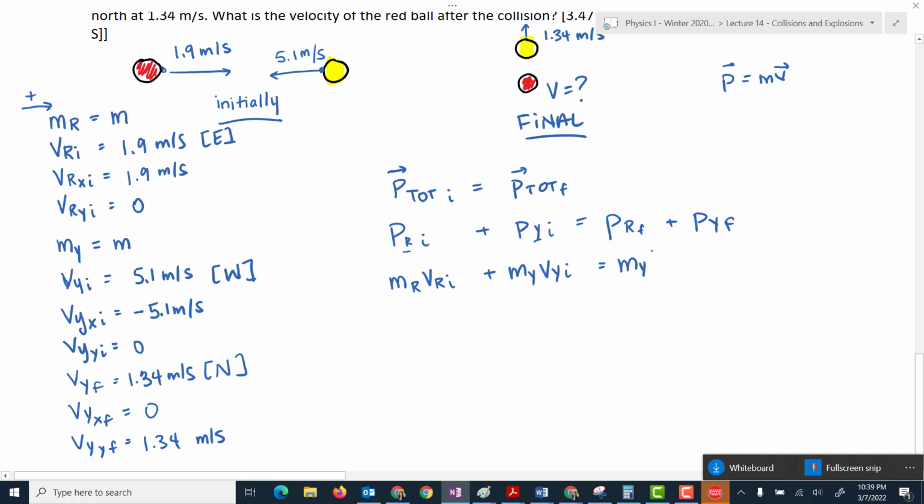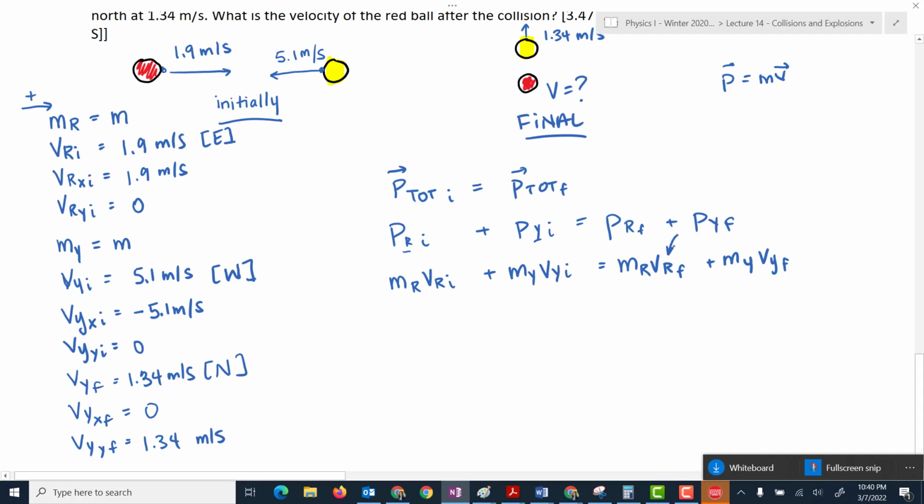Mass of the red ball times velocity of the red ball final, plus mass of the yellow ball times velocity of the yellow ball final. Now we're going to start dividing things into x and y components. Let's do the x component first, we could put little x components everywhere, and then we're trying to solve for the final velocity of the red ball. So that's this one over here.